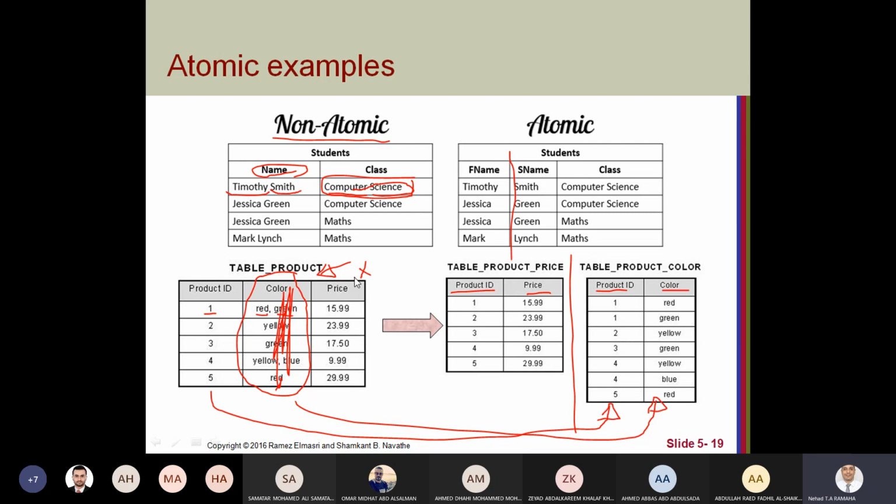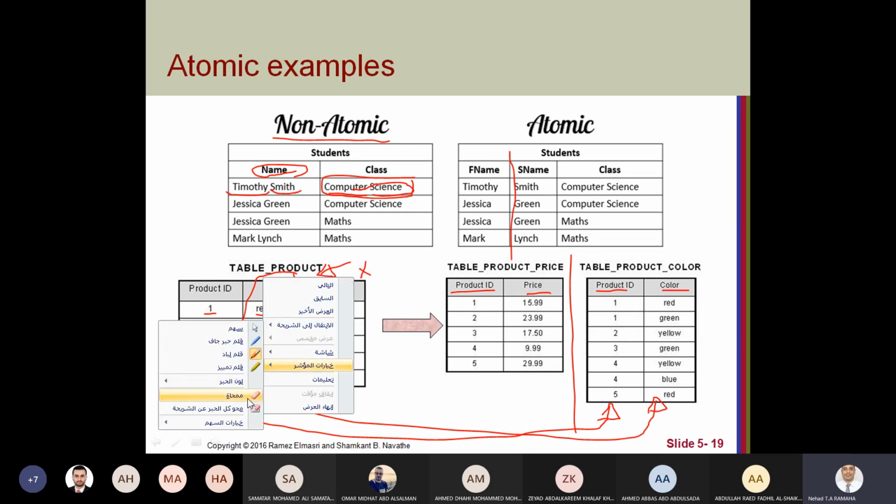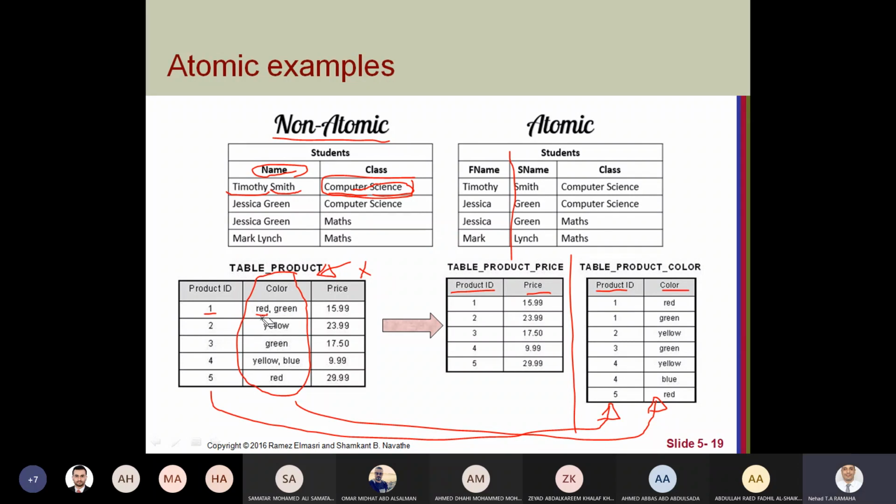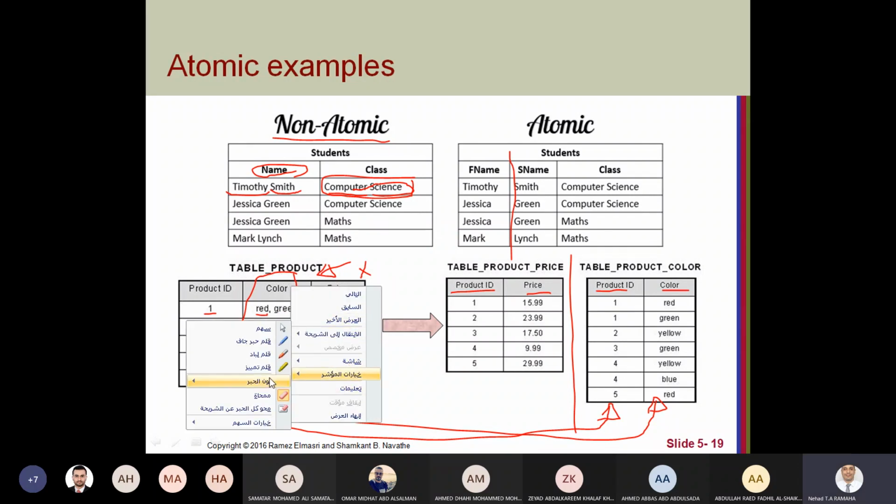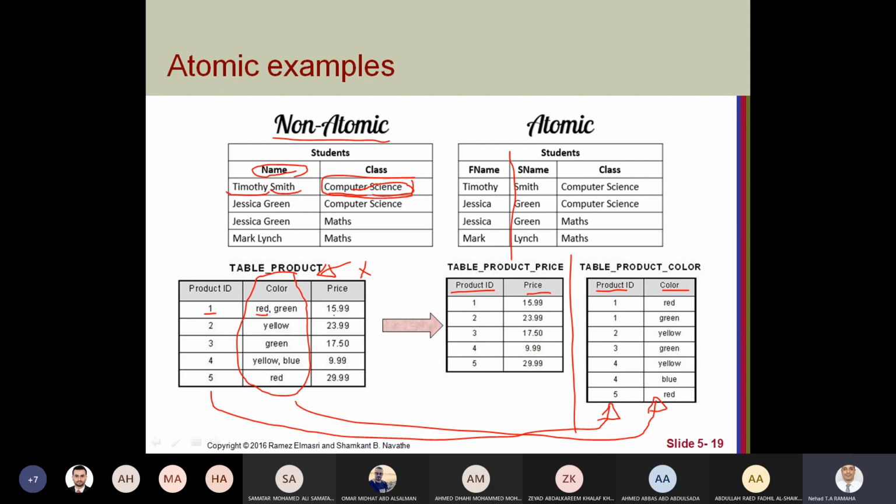Why? Because I have this attribute with a multi-value attribute. It could take multiple values, so it's not atomic. Now after separating, here all values are atomic and here all values are atomic.